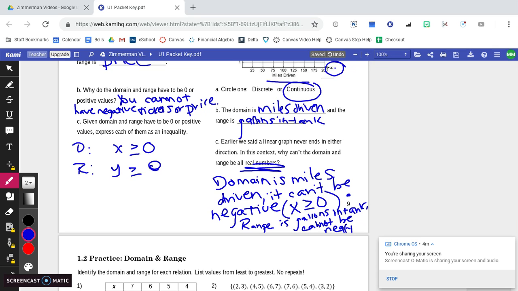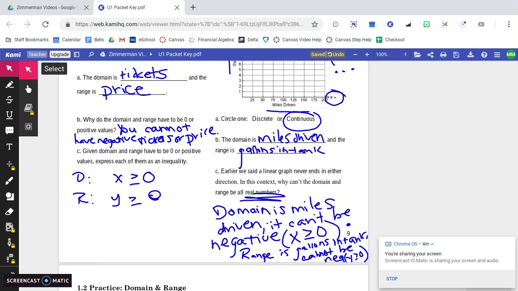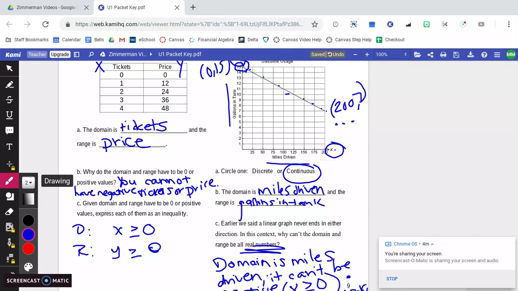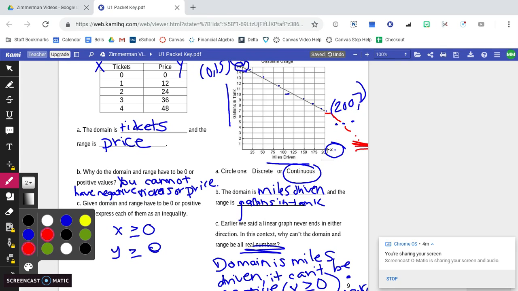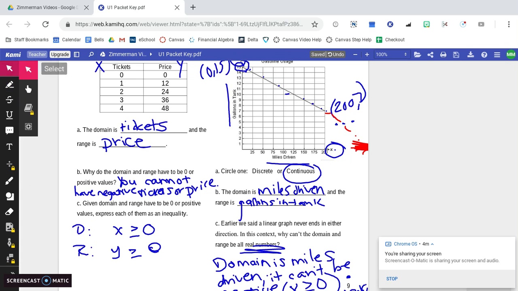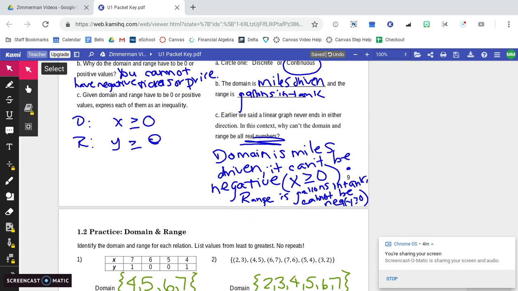So at some point, the y is going to hit the x-axis. The y is going to hit the 0 axis if this line were to continue. But it wouldn't be able to go past that point because once you have 0 gallons in the tank, you just have to fill back up. You can't go to negative gallons. Doesn't make sense with a car.